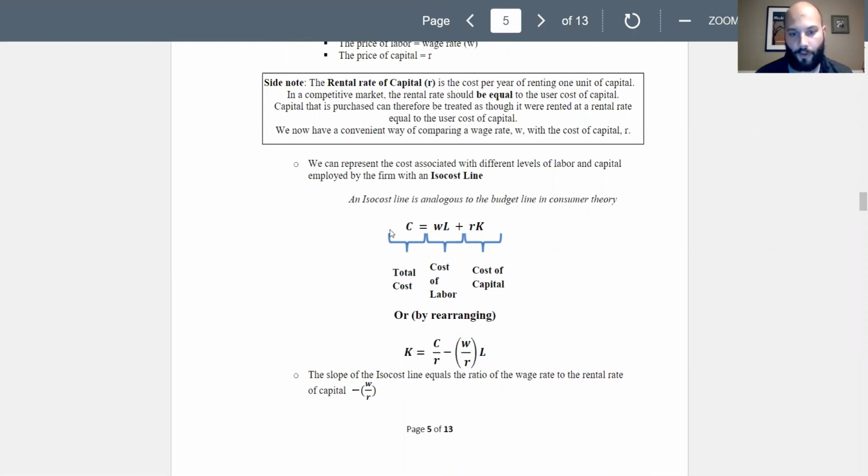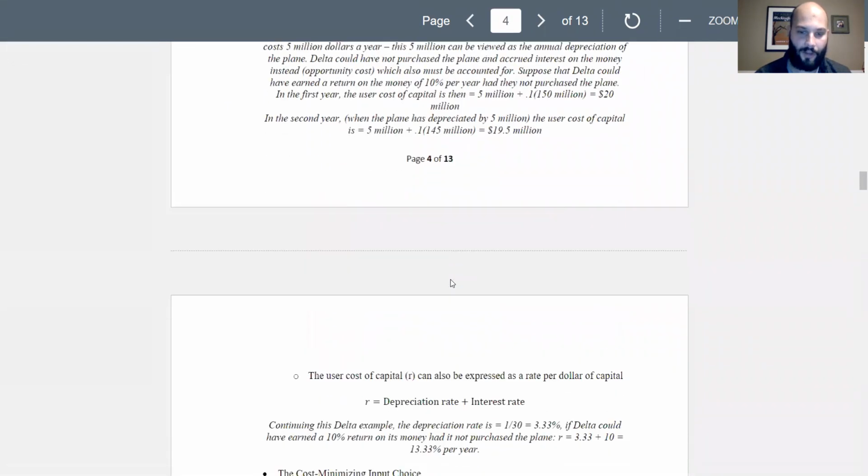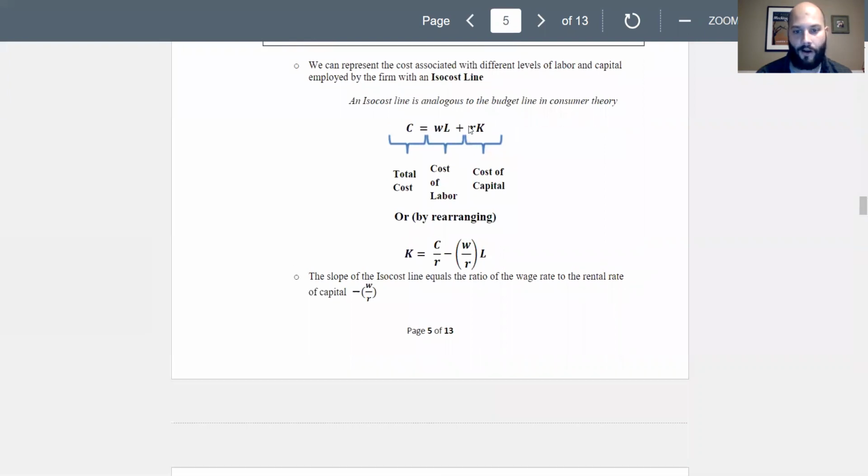So what's our total cost of production? Well, we know that we're using labor and capital to produce. How much does each cost? We pay labor our wage W, we pay capital this rental rate R, and this preceding section, which I'm skipping over, just derives what this rental rate R is.